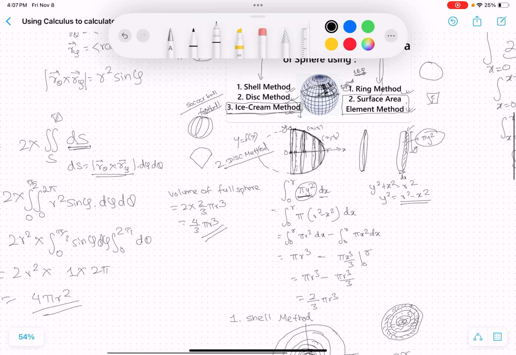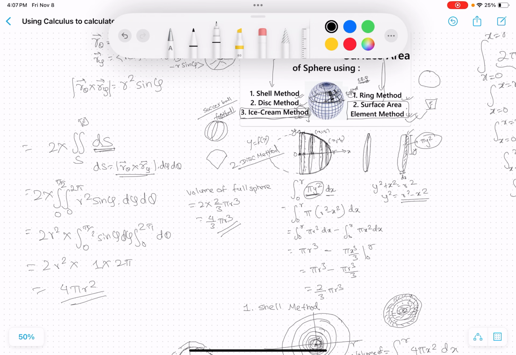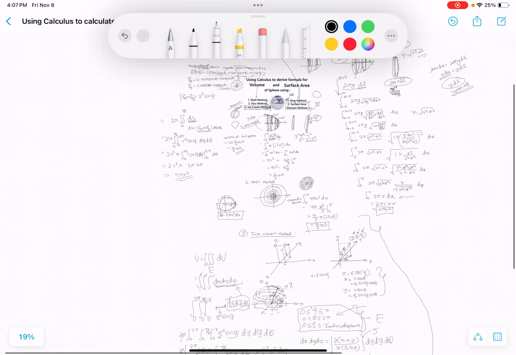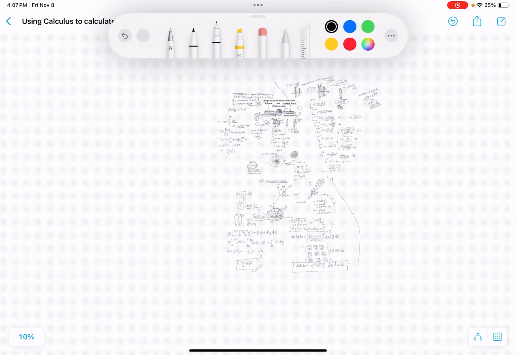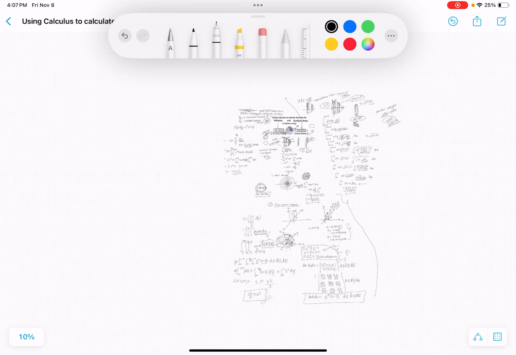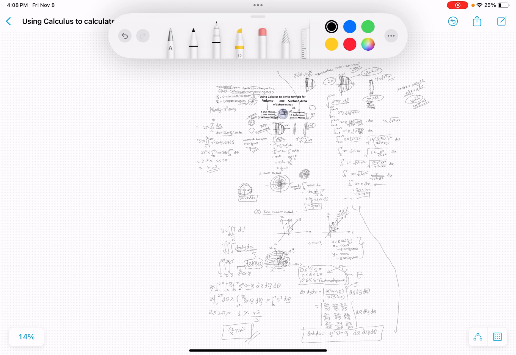So yeah, this was a long video, but it had a lot of information, right? We found volume using the shell method, disk method, and ice cream method. The reason it's called the ice cream method, try to Google it, it's not too hard: if we had a small change in phi, a small change in theta, and a small change in rho, that will give an ice cream actually.